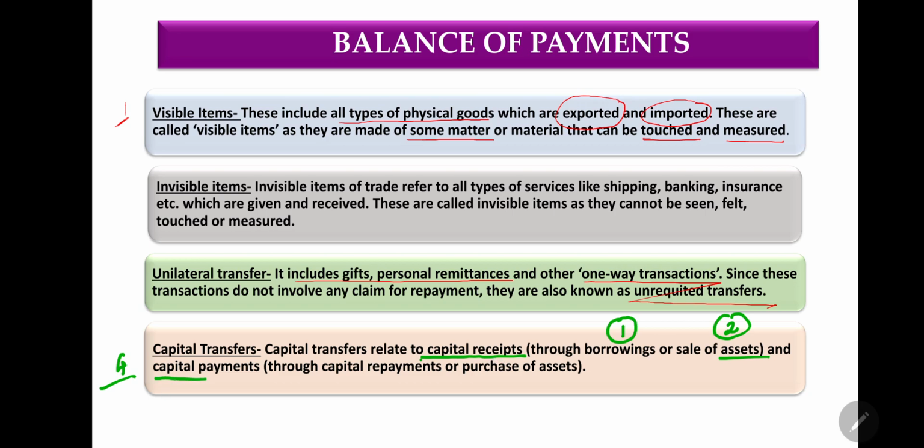The second component of capital transfers is capital payments, and this comprises capital repayments, and if you purchase something you have to again pay something in return. So capital transfers has two components. Number one is capital receipts, which you get through borrowing and sale of assets, and the second one is capital payments, which you have to pay because of capital repayments or purchase of assets.